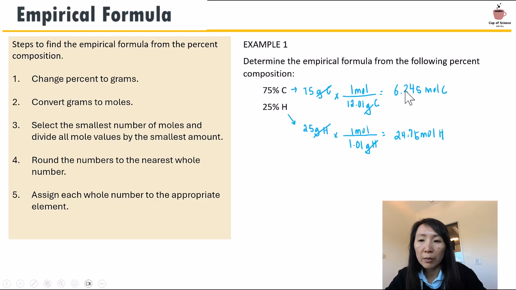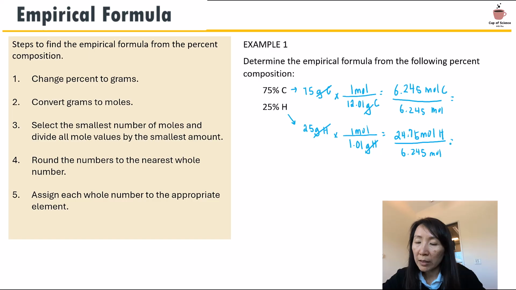Then number 3 says, select the smallest number of moles. Which one is smaller, 6.245 or 24.75? This one is the smaller one, and you divide all the mole values by that smallest amount. So I'm going to divide this one by itself, 6.245, and I'm going to divide this one also by 6.245.